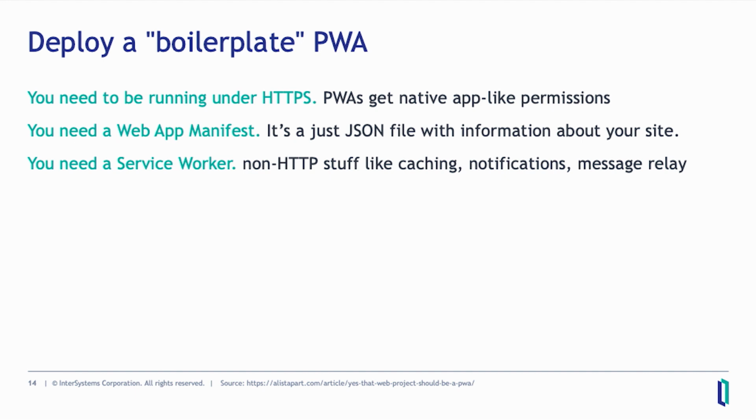Other parts of a boilerplate are having a web app manifest and a service worker. These are really the only differences between a regular website and a PWA. You have security, you have this manifest, which is just simply a JSON file, which you could write yourself, technically. And it says where some important resources are.